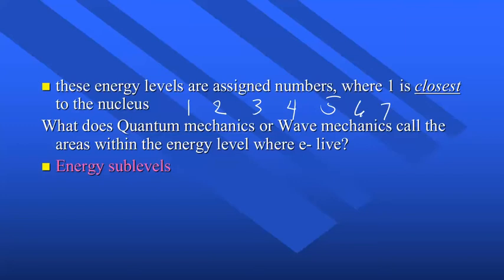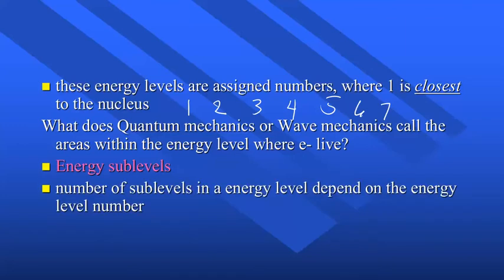Instead of being given names, they're given letters. So the closest sublevel to the center of town is called the S. The S neighborhood. Then there is P, D, and F. S, P, D, and F.